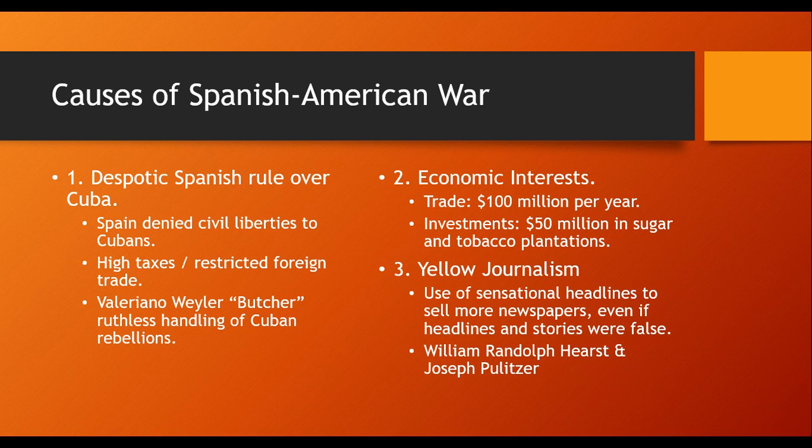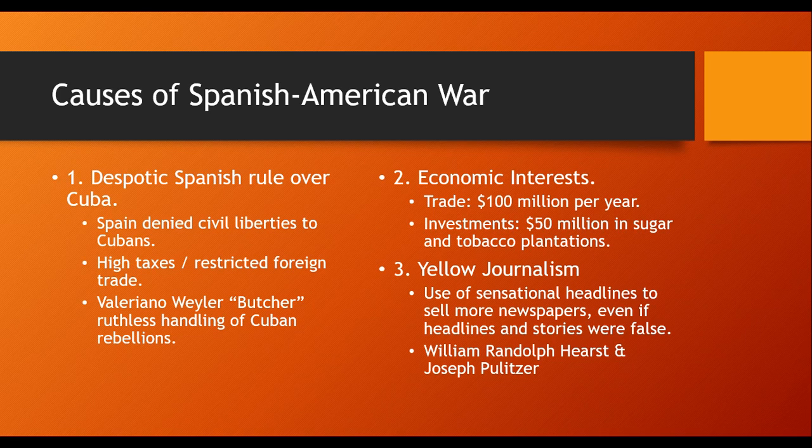And it's that treatment that brings a lot of harsh feelings from Americans toward the Spanish in control of Cuba. The second main reason why we get involved is economics. Economics 101, we trade with Cuba. Cuba grows some cotton, some indigo, but mainly they grow sugar and tobacco, and America consumes large amounts of both of those.